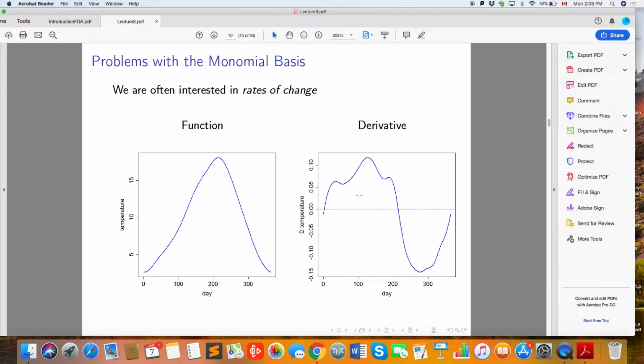Actually, this is true for most functions in reality. Think about when we drive a car: the acceleration is the derivative of the speed function, right? You can maintain the speed at around 50 kilometers per hour, but the acceleration actually changes a lot.